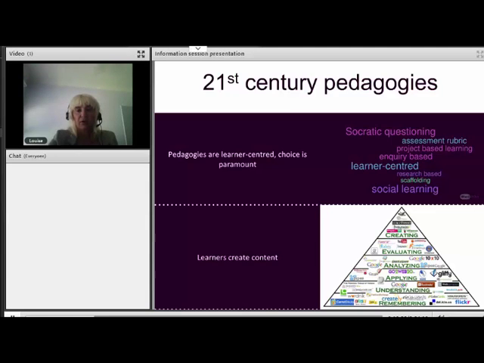Let's have a look at Bloom's digital taxonomy. I'll just once again go to the full screen view. This one has been adapted for digital, and you can see now that the most important thing here is creating. Learners creating content is seen to be a bit like the questioning techniques. It's the journey to creating this content.